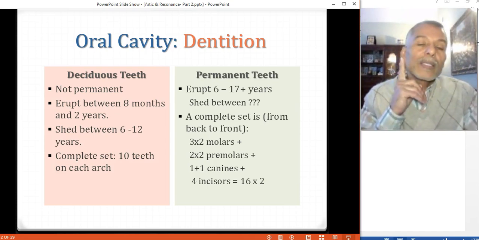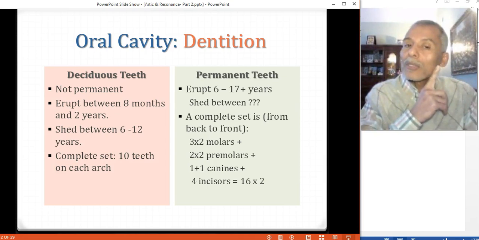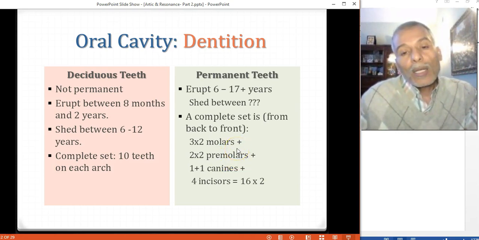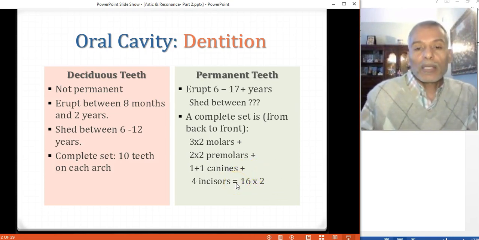That is 3 times 2, which means 6 molars on one arch. And then premolars, you have 2 and 2, 2 on the left and 2 on the right. Then you have the canines, 1 and 1, and the incisors. That gives you 16 teeth on one arch, times 2. That is 32 teeth that someone has.